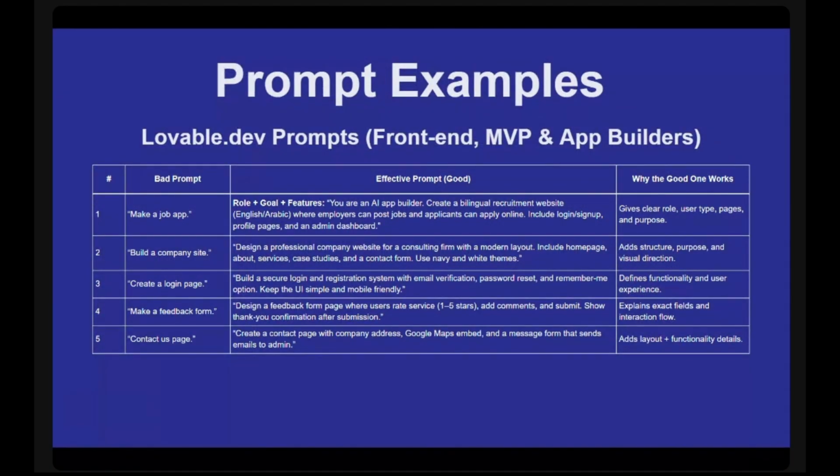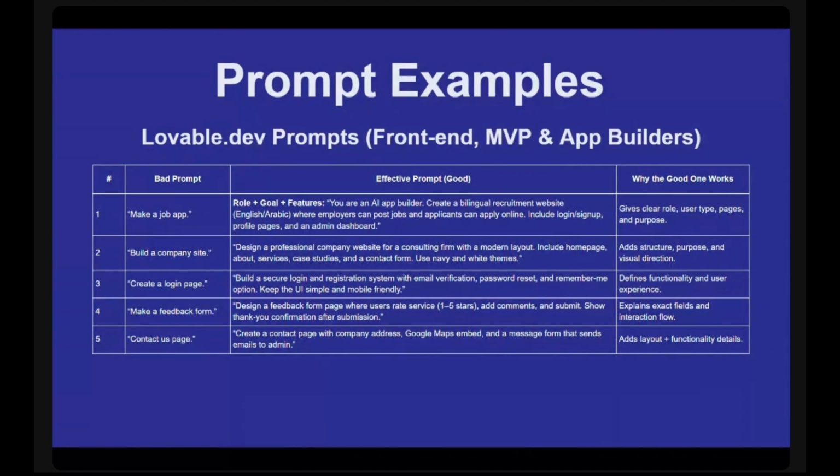Okay, so now we have come to the stage of our session where we will be seeing prompt examples, both for Lovable and for ChatGPT, and we will implement maybe one or two for Lovable and one or two for ChatGPT, and we will see the results, how they are going to produce results.